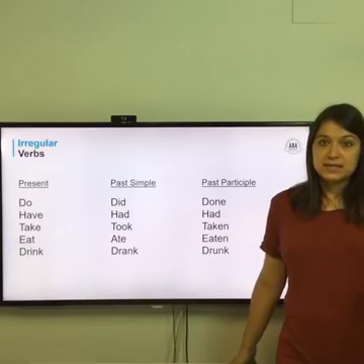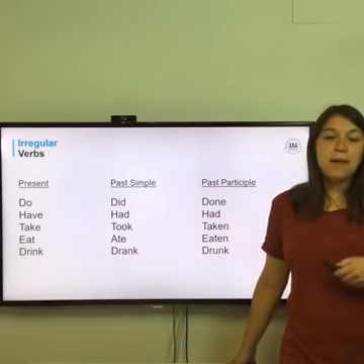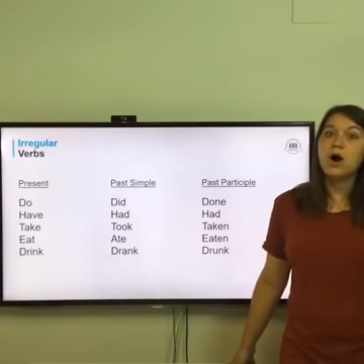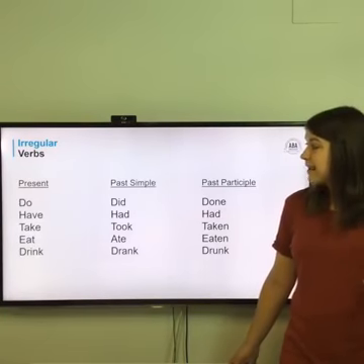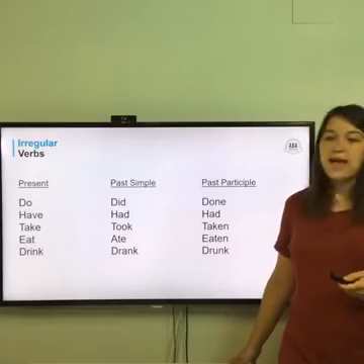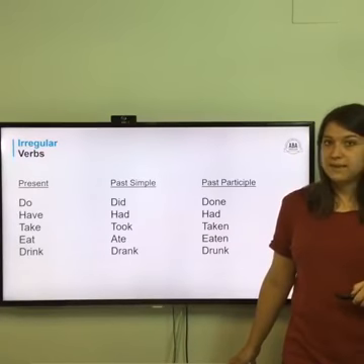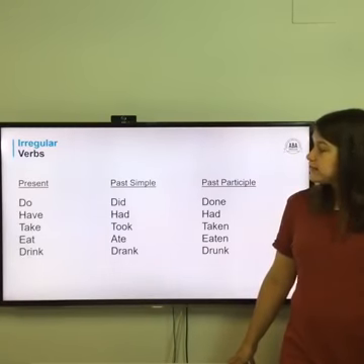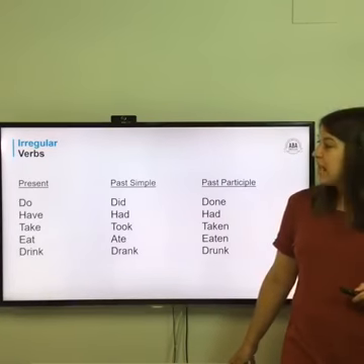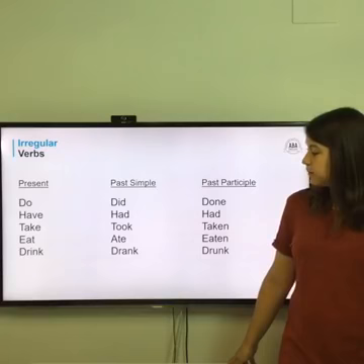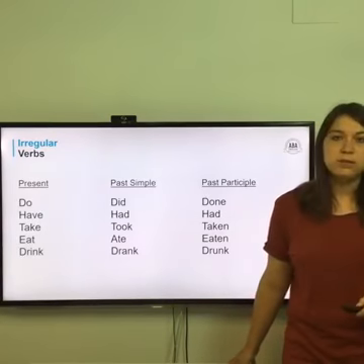In some cases, for irregular verbs, the past simple and the participle are the same. Okay? For the verb to take, the past simple is took, and the participle is taken. For the verb to eat, the past simple is ate, and the participle is eaten. And to drink, the past simple is drank and the past participle is drunk.